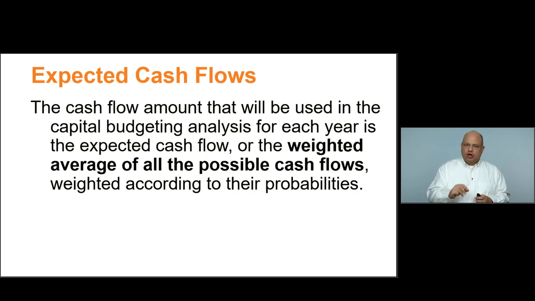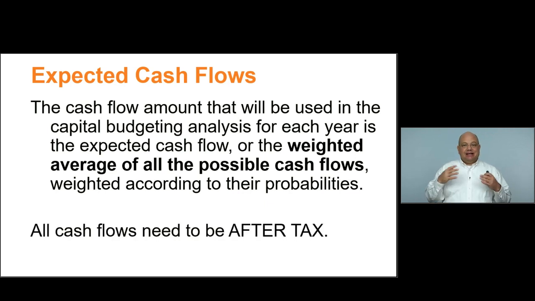And one other important note about these expected cash flows that we're using, all of the cash flows that we use in our analysis need to be after tax. And so what we're going to be doing here is we look at the different cash flows that we have. Some of the cash flows are not a tax event. So some of the cash flows don't have a tax impact connected with them, and some of them do.